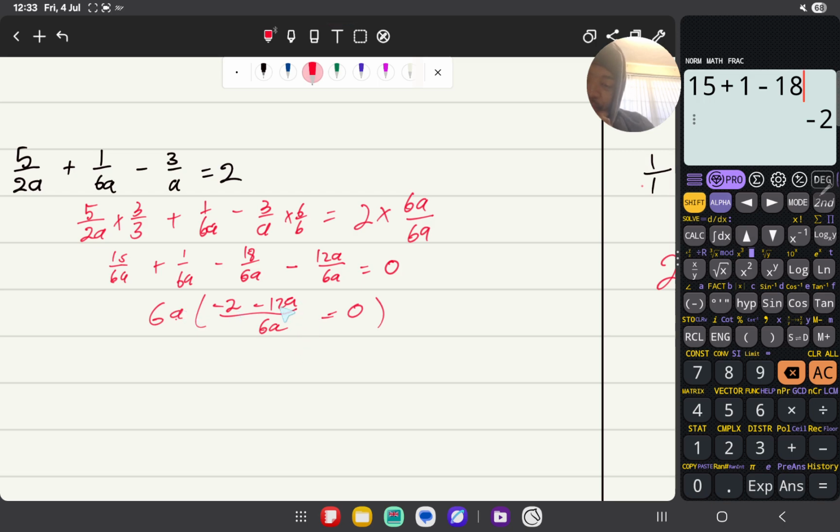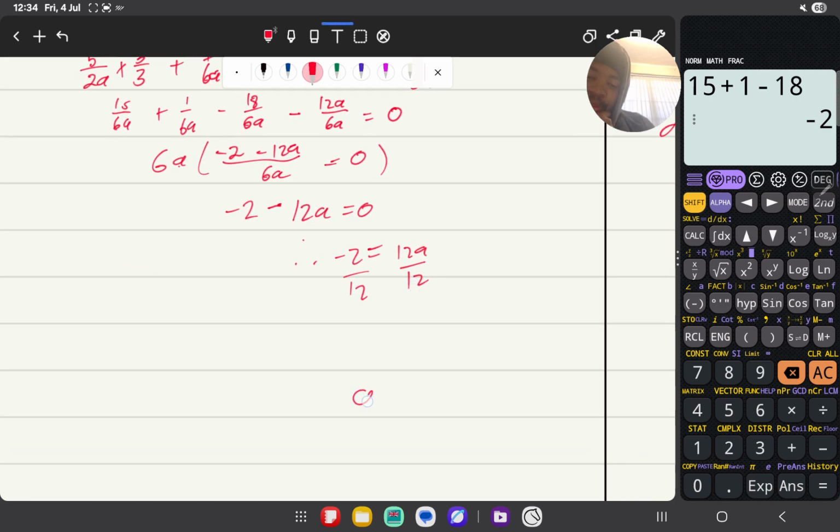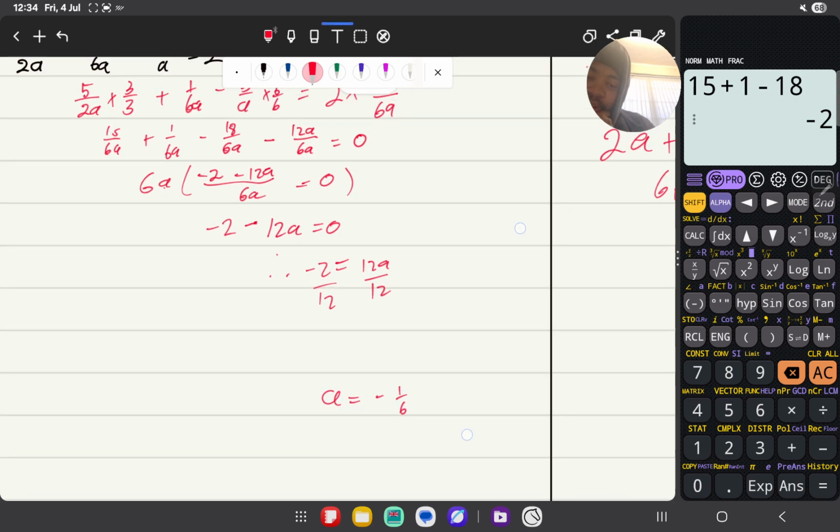We end up with minus 2 minus 12a equals 0. Therefore, minus 2 equals 12a, divided by 12, and then a equals minus 1 over 6, right?